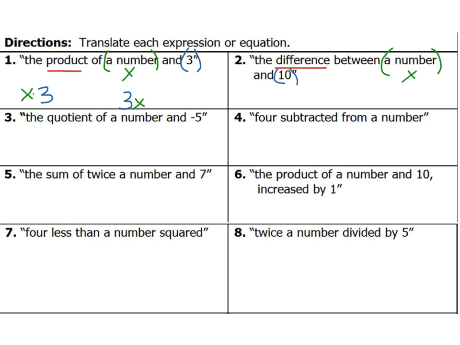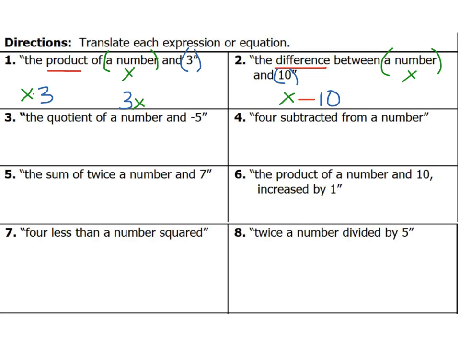So I will just simply do a number minus 10. And I know that the x comes first because when I read the problem, that was listed first in the words, okay? So when I read it first, then I have to translate it and write it first. Okay? I want you to pause this video and give number 3 and 4 a try.